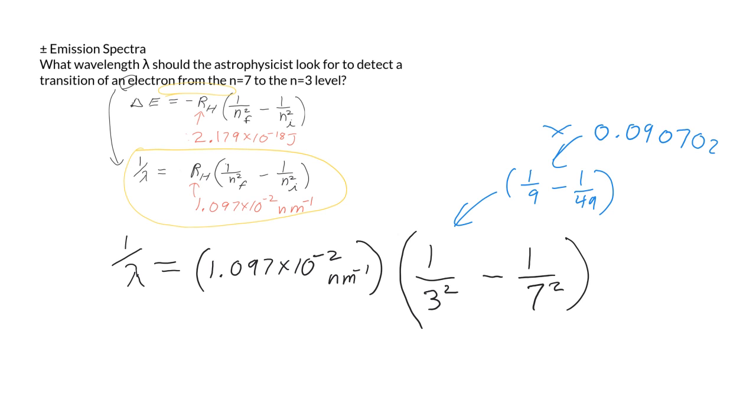We're then going to multiply that by 1.097 times 10 to the negative second, or times that RH constant.